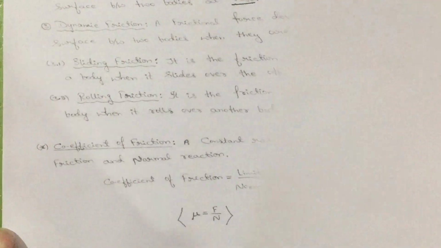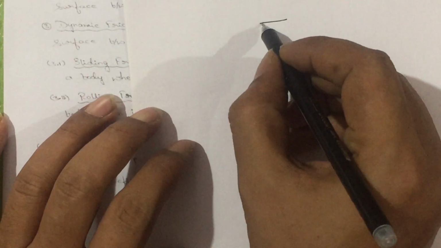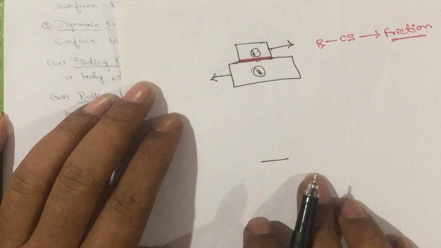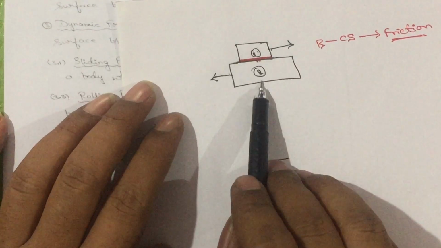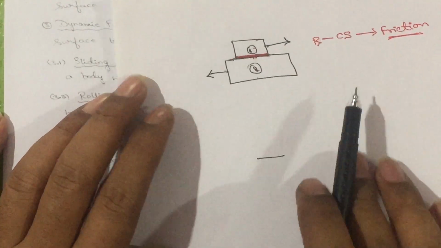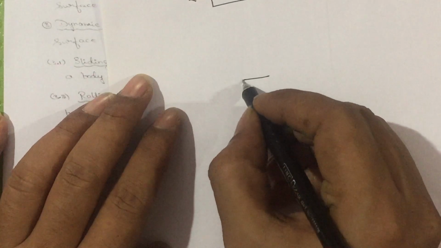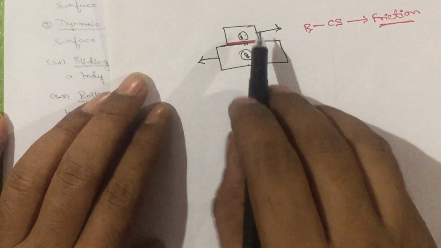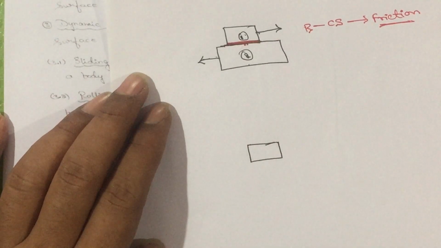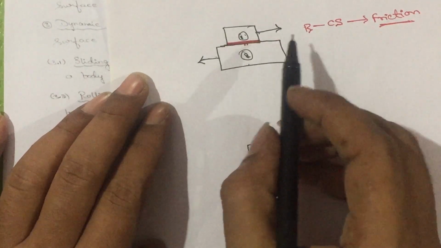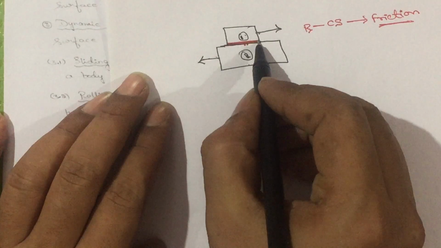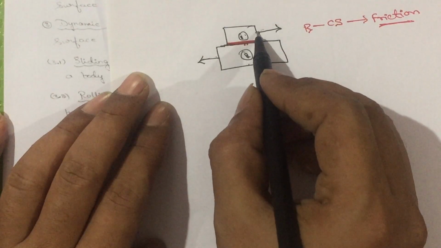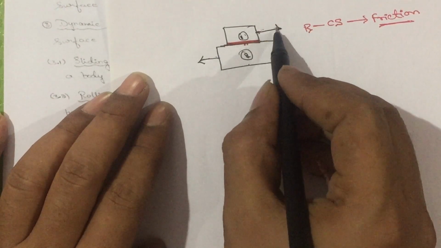Now, I will tell you how it will be. Suppose we take this one only. Here the two bodies are in contact. I will take the first body. Here the first body is moving rightward, so a frictional force will be developed at this contact surface against this motion, opposite to this motion.